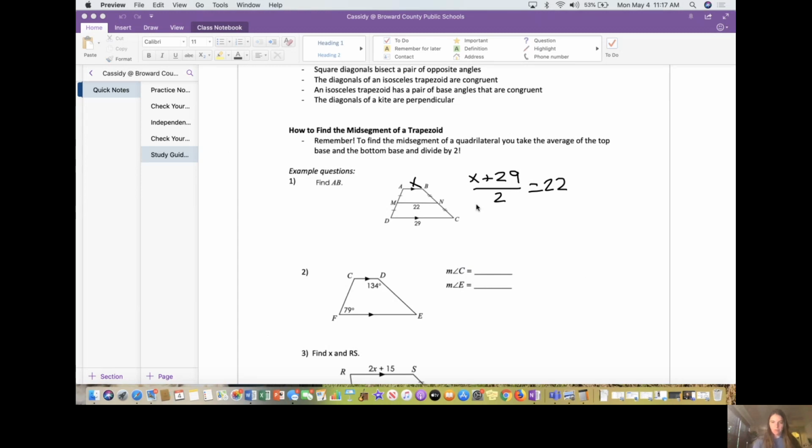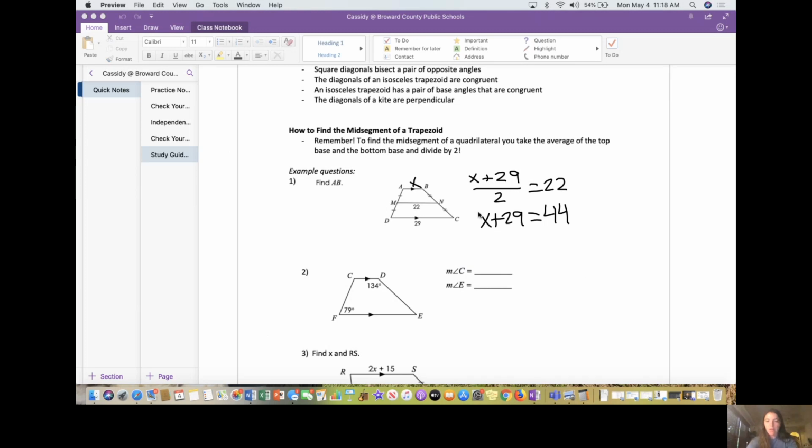When we multiply by 2 on both sides, we're going to get X plus 29 equals 44. Okay, because 22 times 2 is just 44. Okay, from here, to get X by itself, all we need to do is subtract 29 on both sides.